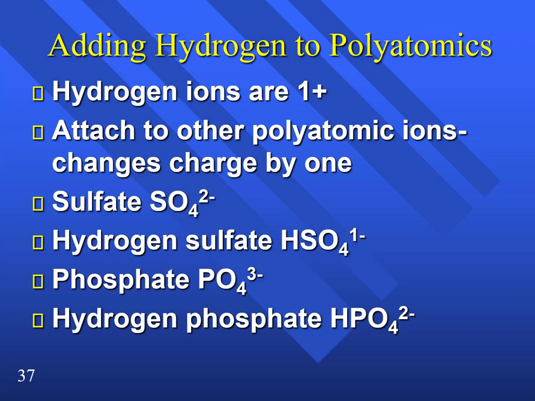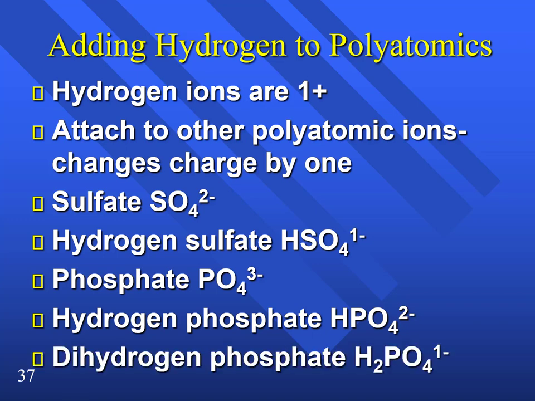Instead of being 3 negative, it's now 2 negative. But I can still add another hydrogen to that. And I got to change its name because I can't call it hydrogen phosphate again. So they say there are 2 hydrogens and phosphate. Dihydrogen phosphate. And my charge goes from 3 negative to 1 negative.